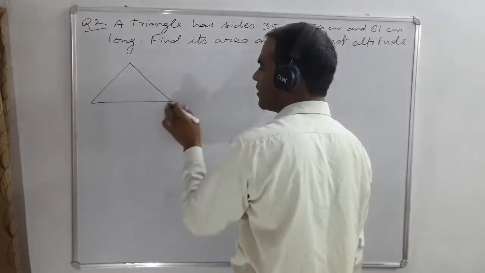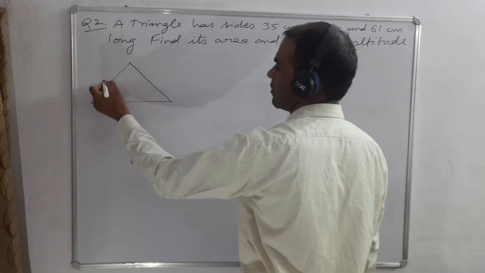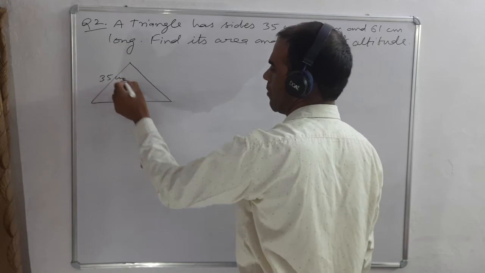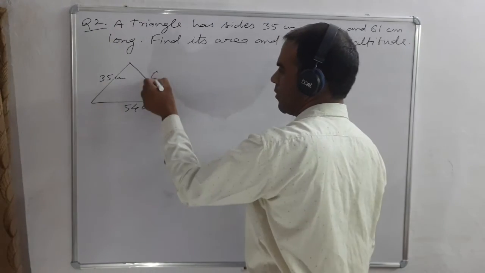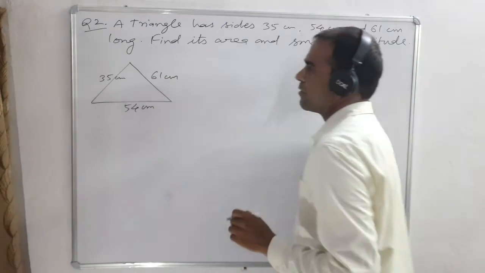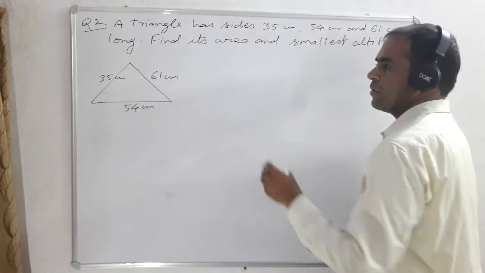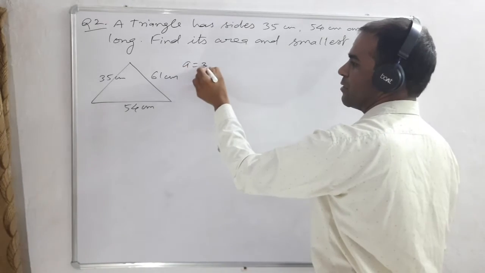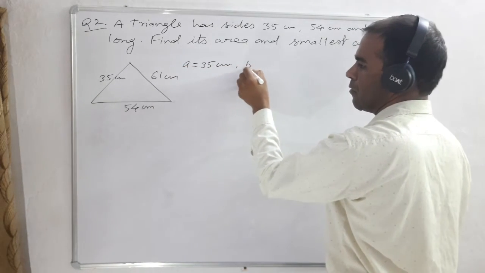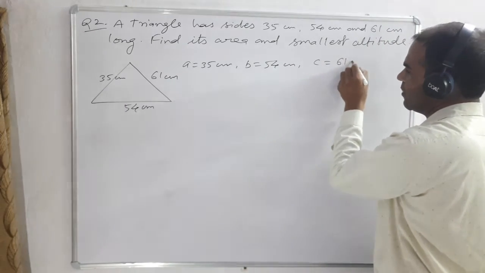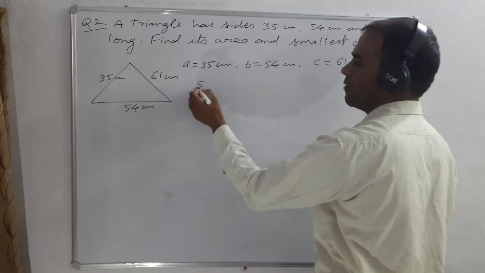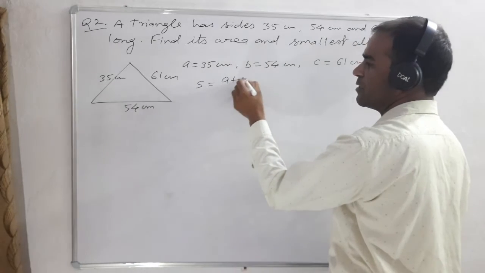A triangle has three sides: 35 centimeter, 54 centimeter and 61 centimeter. So a equal to 35, b equal to 54 and c equal to 61. s is equal to a plus b plus c by 2.